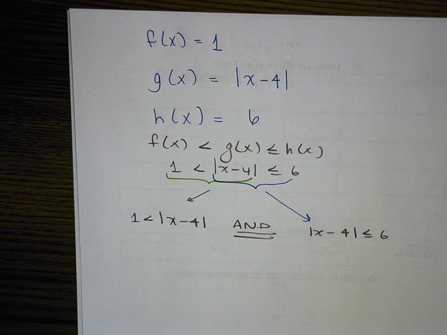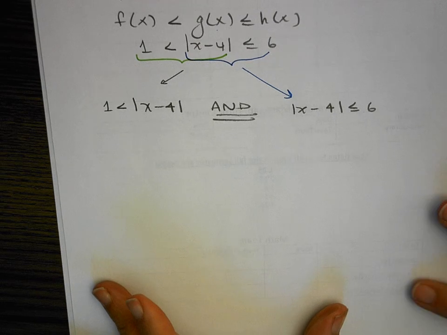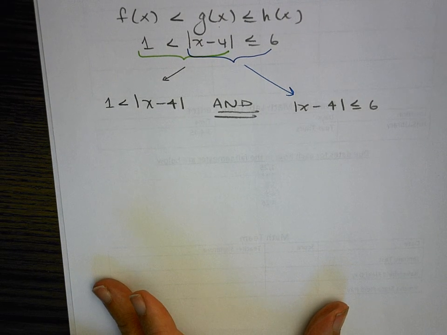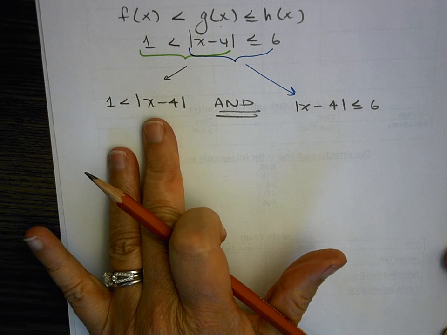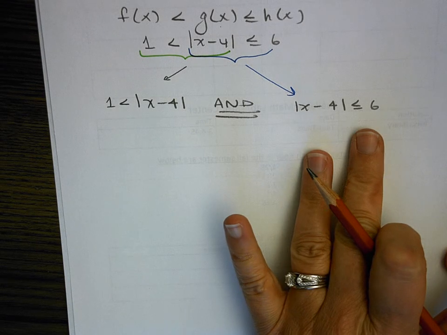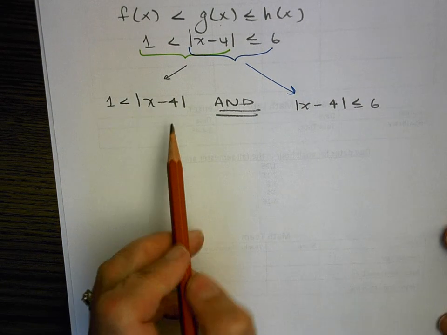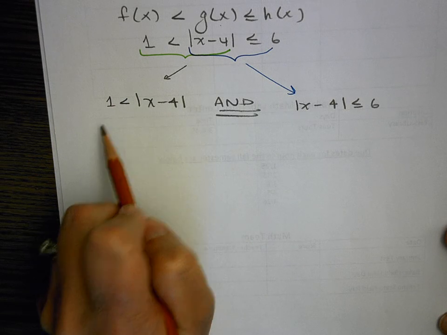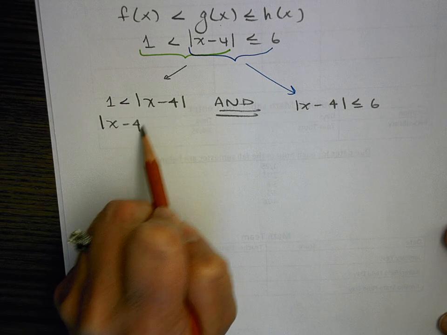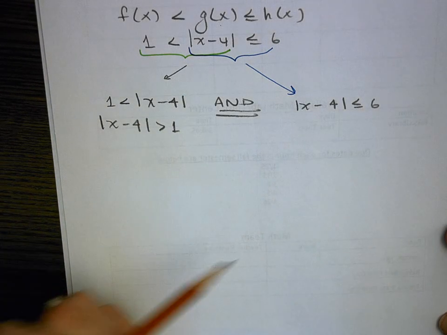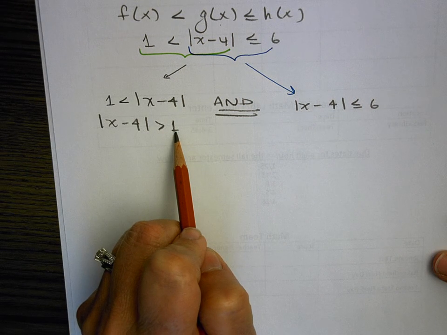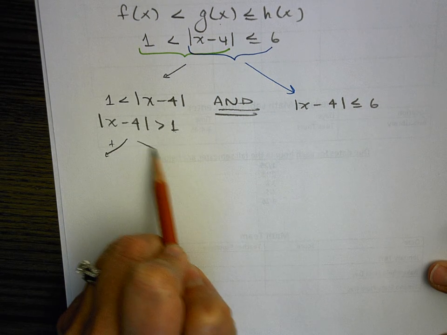And so now I have the two inequalities and I have to solve for both. So this will give me a pair of inequalities and this will give me a pair. So I'm going to end up with 4 inequalities that I need to pull together. So I'm going to switch this around to my variables on the other side. And then solve this. So this is a positive value, so I'm going to create 2 equations, the positive and the negative version.